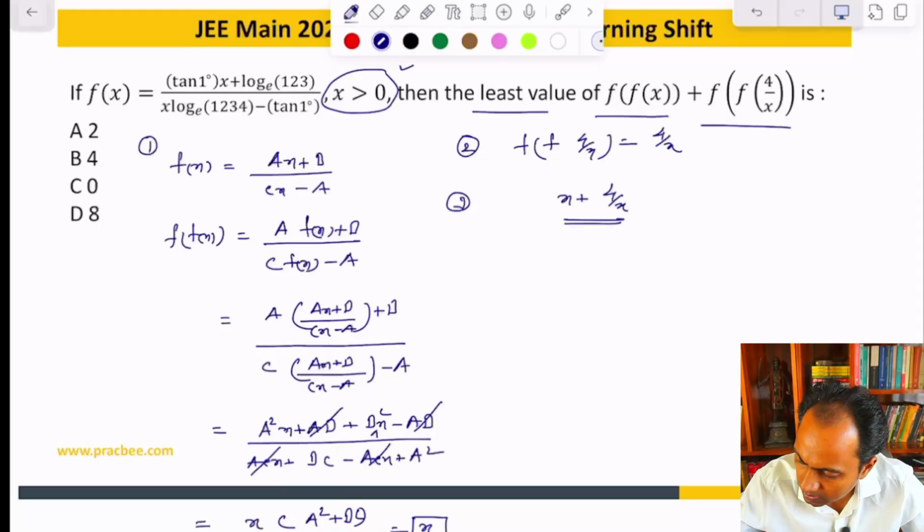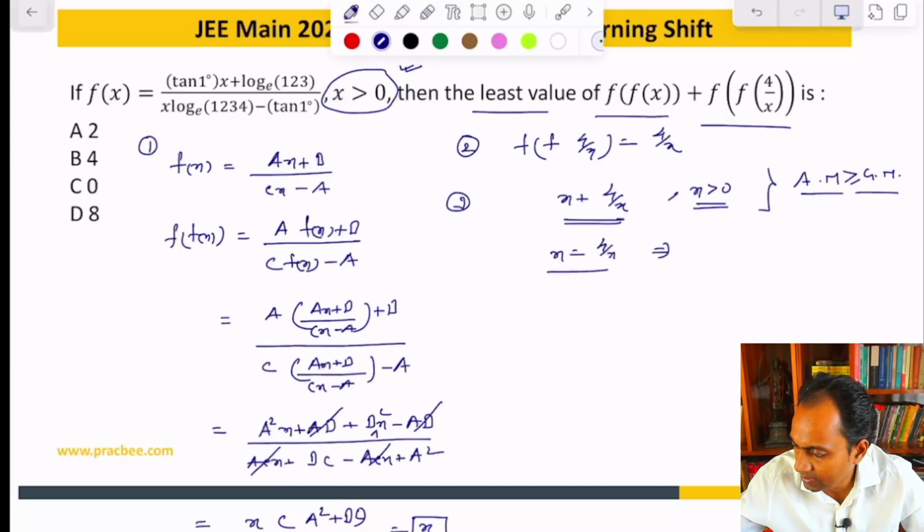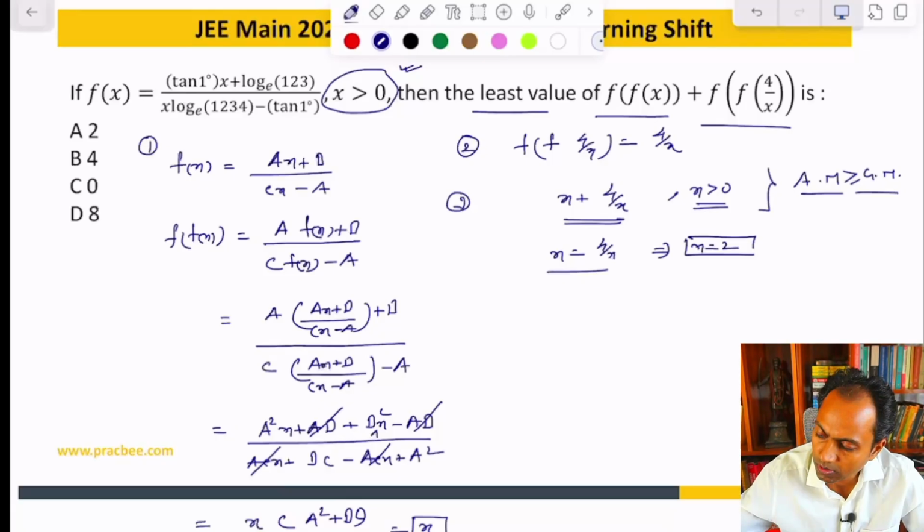So whenever positive things are given to us, the concept that you should link to is AM is greater than or equal to GM. So the least value will occur when x is equal to 4 by x. As a result, the value of x comes out to be 2. And the least value also comes out to be 4. So the answer to this question becomes 4. That is option B.